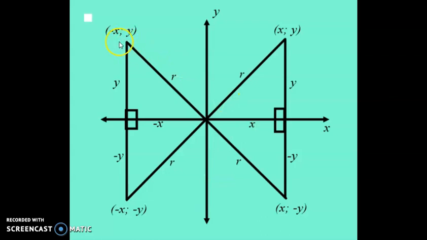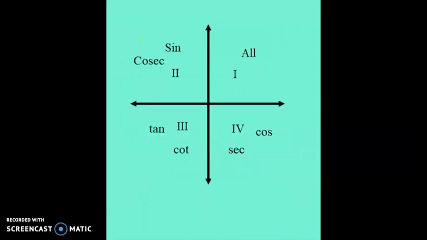So if I look at this coordinate here, I will have a negative x and a positive y. So when I look at the information, I will see that all ratios are positive in the first quadrant, only sine and cosec is positive in the second quadrant, in the third quadrant only tan and cot is positive, and in the fourth quadrant only cos and secant is positive.